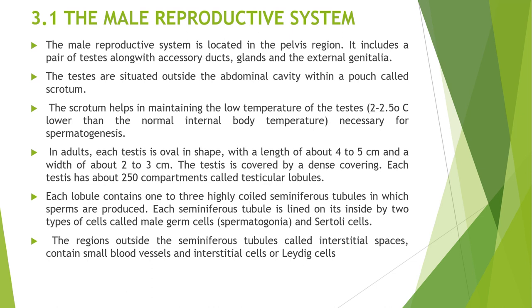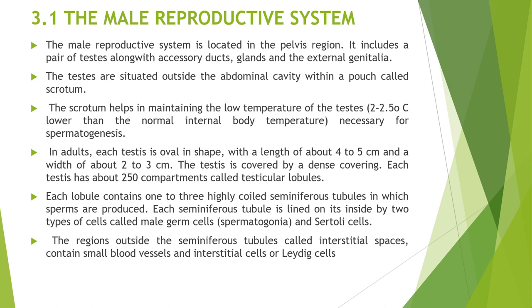Inside the lobule, the seminiferous tubule is lined by two types of cells. The first one is which one? The male germ cells, and second is the Sertoli cells. Okay, so these male germ cells are important for the spermatogonia.